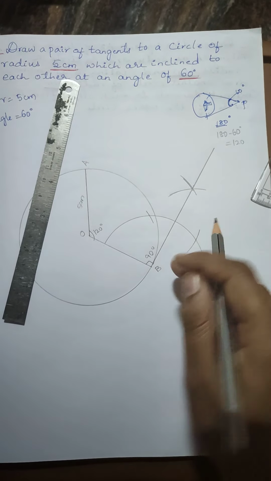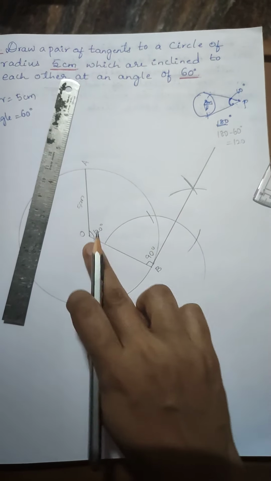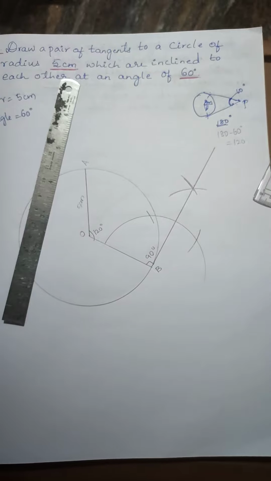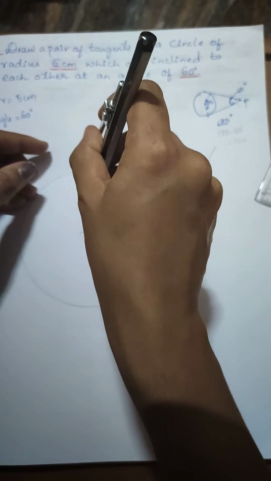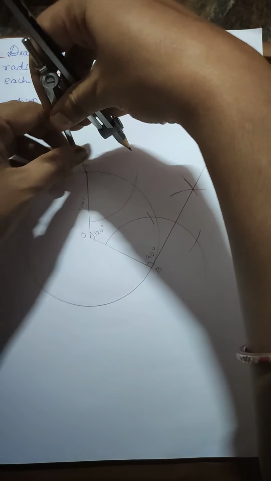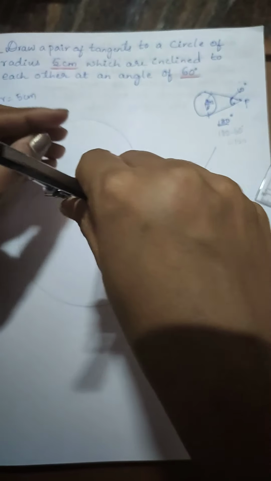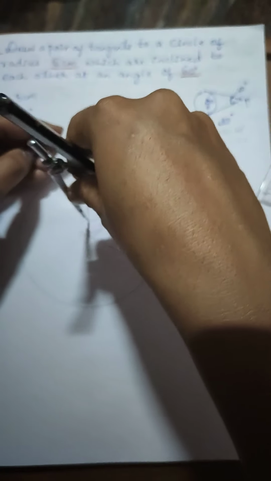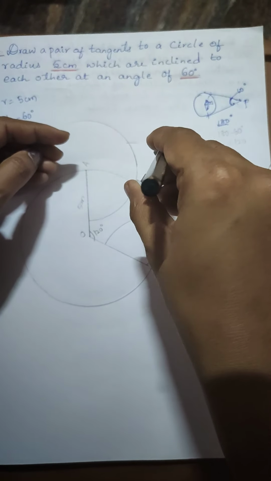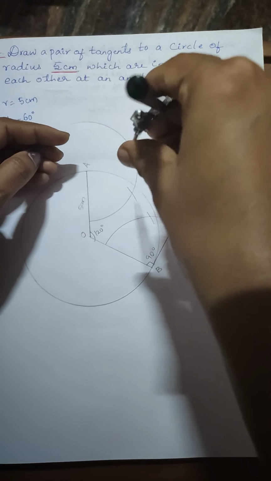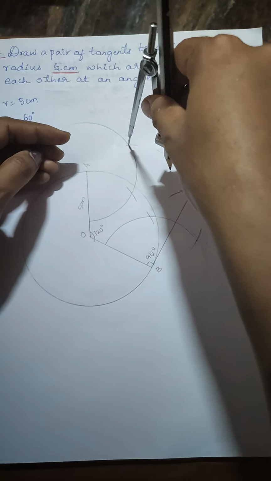Here what we did, without using the protractor, we constructed 90 degree. In the same way, you do it here also. From OA, take more than half. So if we cut once, it is 60, then 120. From here, 90.